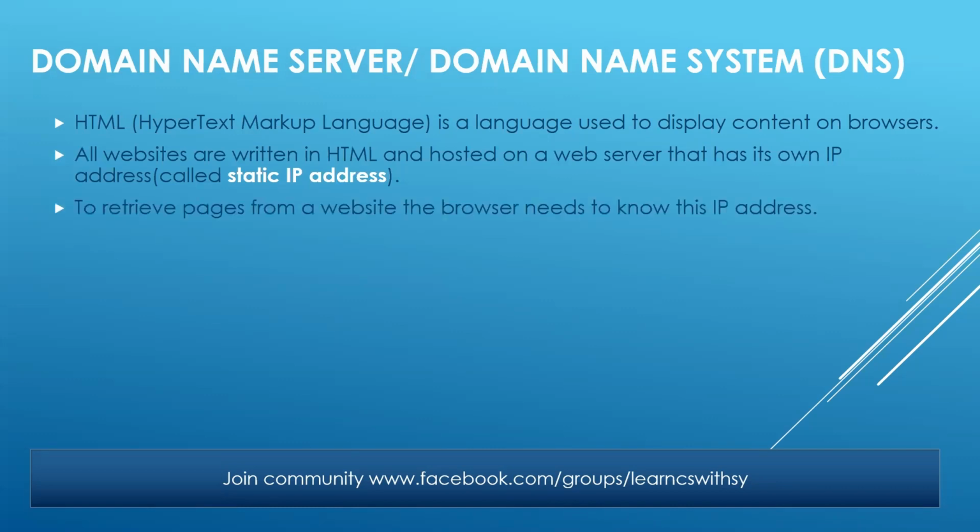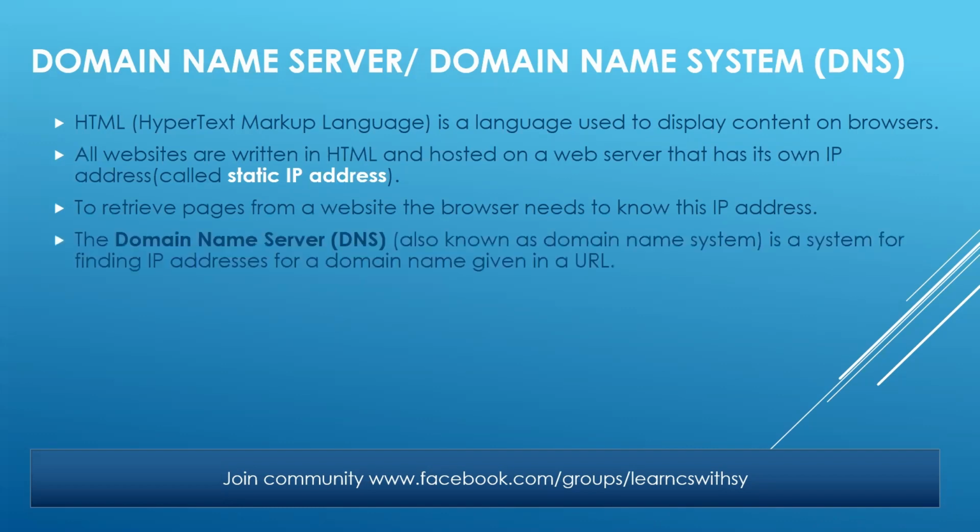In order to retrieve those web pages which are present on the website, the browser needs to know the IP address. So now the problem is, what is easier for me as a human is the URL, but for a computer, what is easy is the IP address. So what is DNS doing?